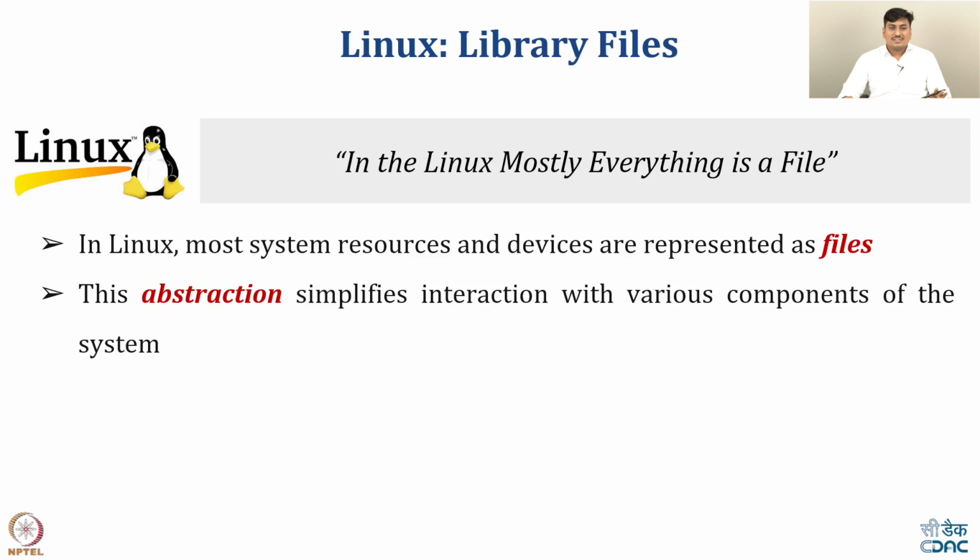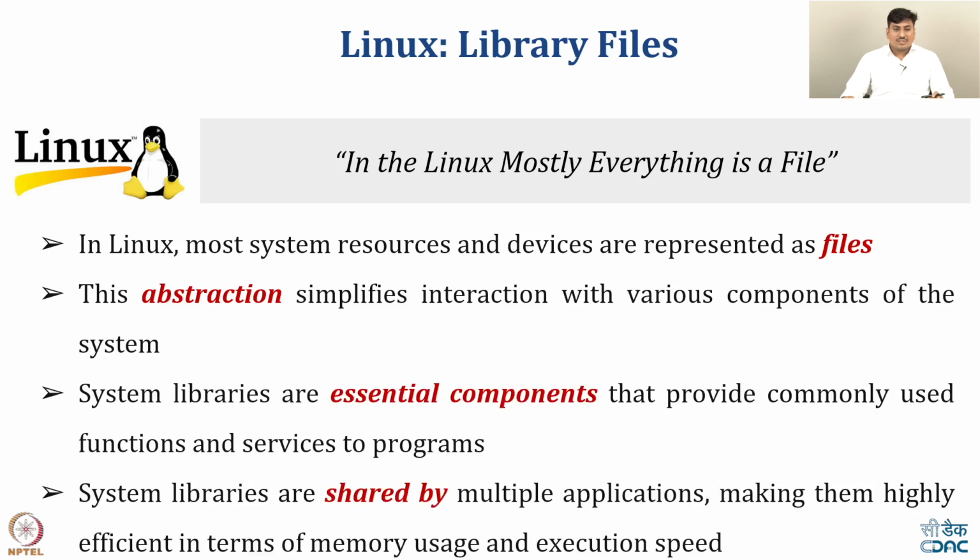As I mentioned, in Linux most system resources and devices are represented as files. So when you connect any device, from the operating system perspective it is nothing but a file. This abstraction simplifies the interaction with the various components of the system, and this is one of the main features which makes it a more simplified operating system among the different categories of OS.